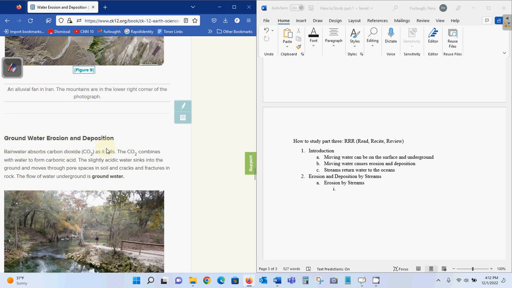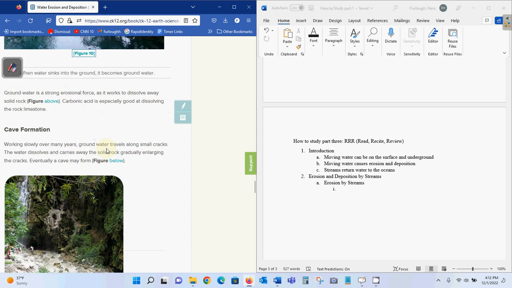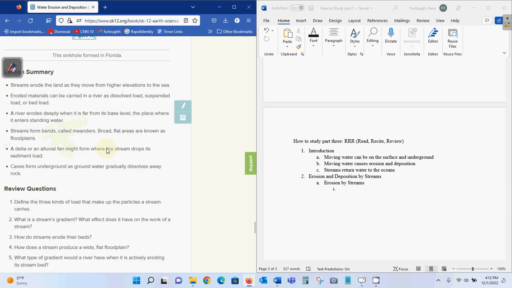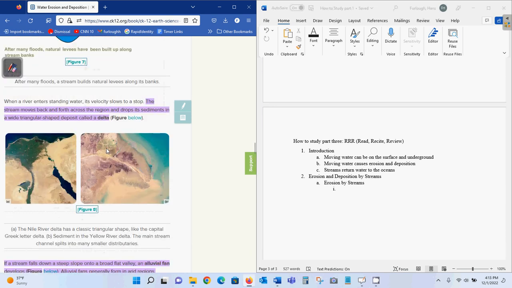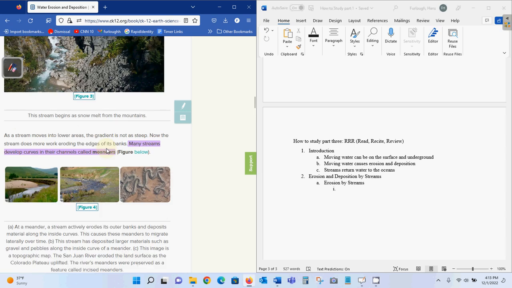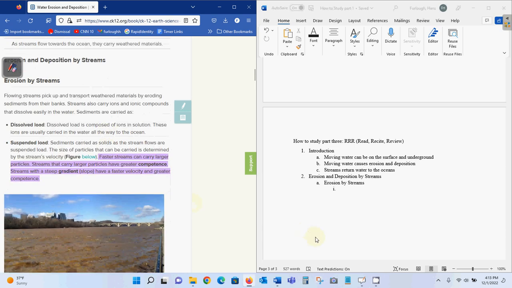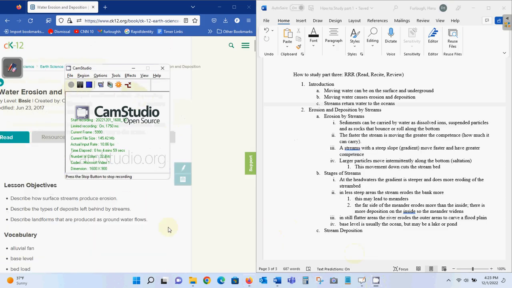That would be like 2D. And then cave formation would probably be number 3. All right. So I'm going to read through that. I don't want to make a video of me reading because that's going to be distracting and a really long video. So I'll be back in just a second for you.